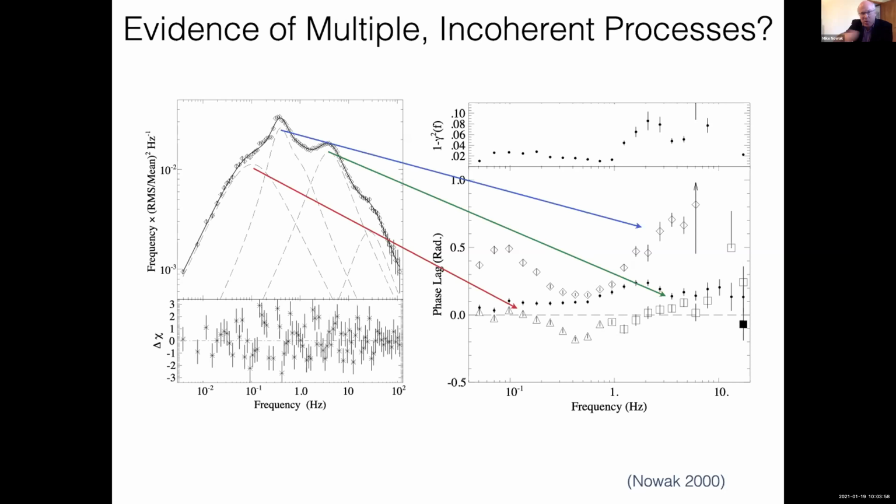And you can see that we have these 1, 2, 3, 4 processes. Each one of these processes might have its own intrinsic time delay that adds up to the net time delay that you see in the middle there.